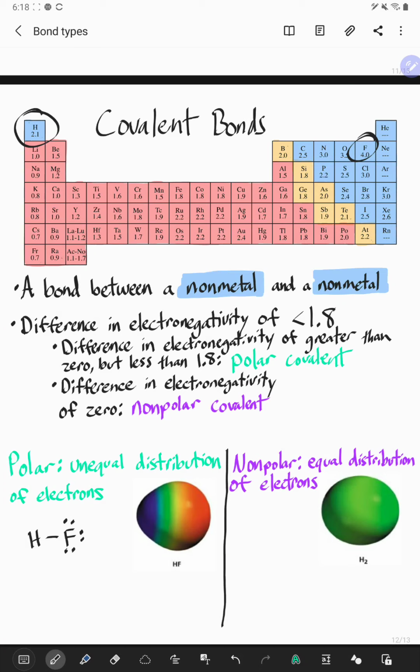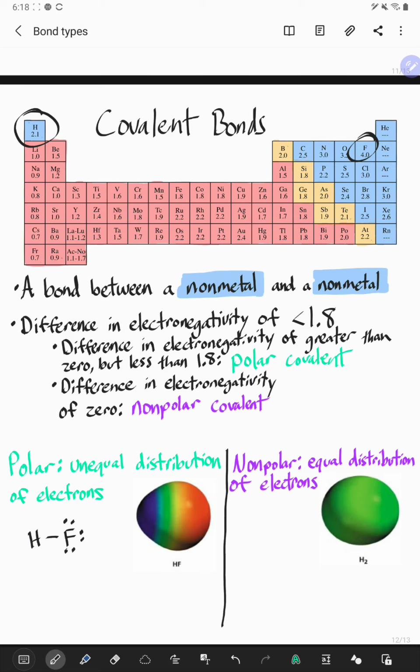We're going to call this an exception and say that it's still a polar covalent bond, if you want to be technical. But regardless, we know that there's an unequal distribution of electrons within this bond, because fluorine's electronegativity value is different from hydrogen's.